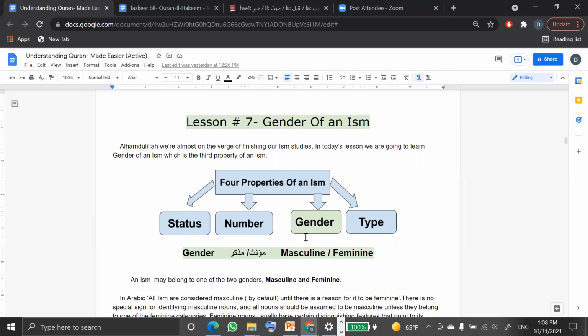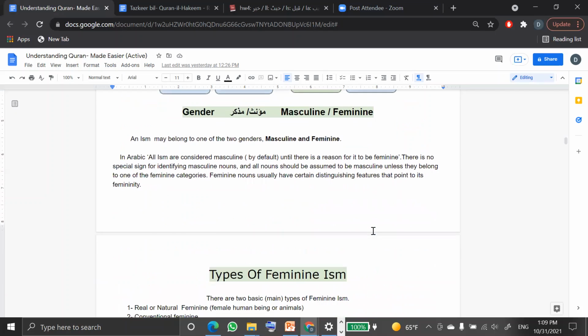We need to know the gender also, feminine or masculine, and then the type. What are the two different types of ism? Common and proper ism.